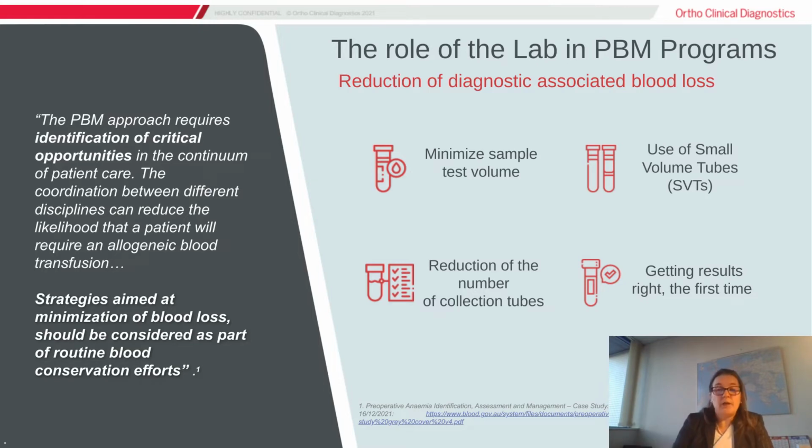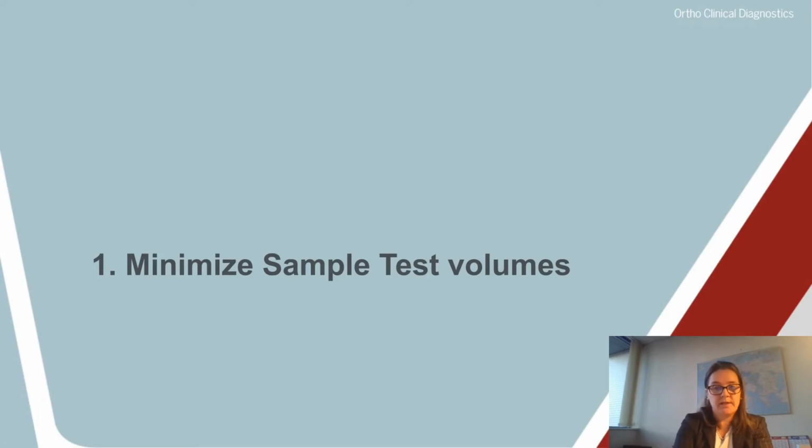In addition, reduction of the number of collection tubes can be achieved, and using a technology that allows getting results right the first time is also a crucial aspect. Let's then detail all these 4 different ways and aspects. So first, minimizing sample test volumes.